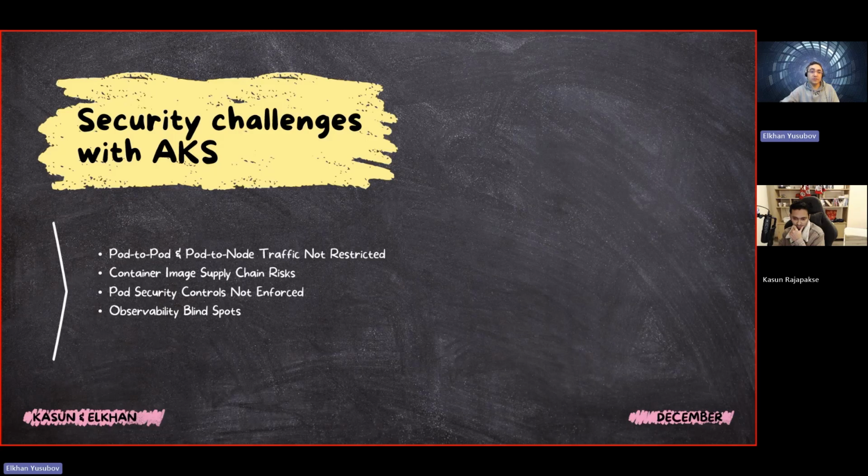You can open a can of worms because you don't know what's inside. So one of the ways to avoid that is to make sure that you get your container images from a secure source that you trust, and you know that there are no issues there.